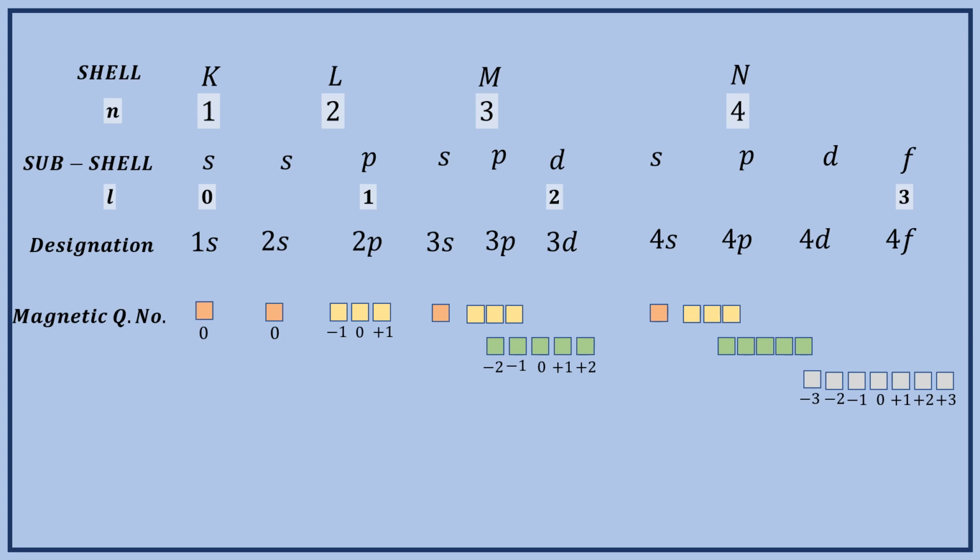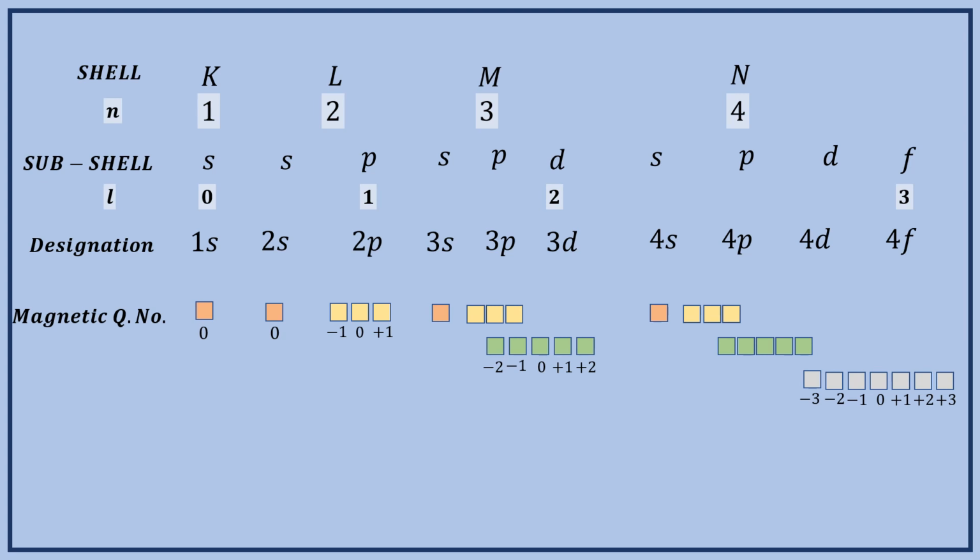Now the value of magnetic quantum number ranges from -l to +l. For S subshell l is 0, so its value is 0. For P subshell l is 1, so its value ranges from -1 to +1.